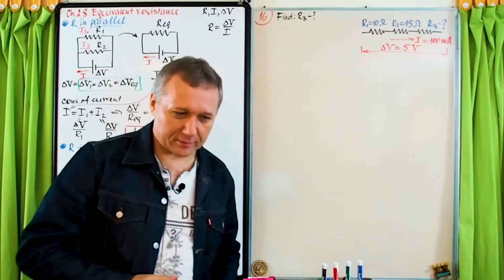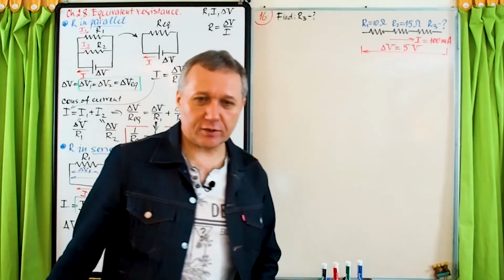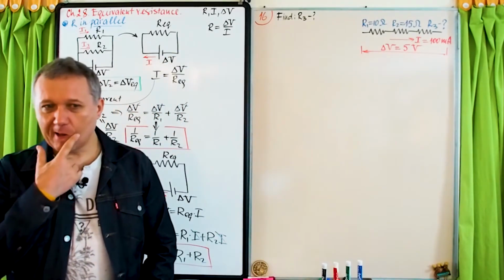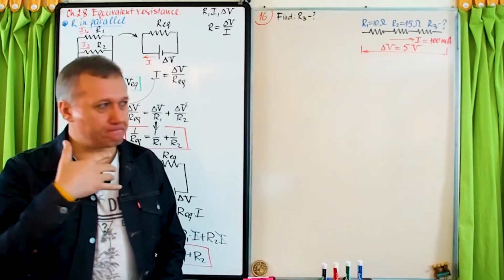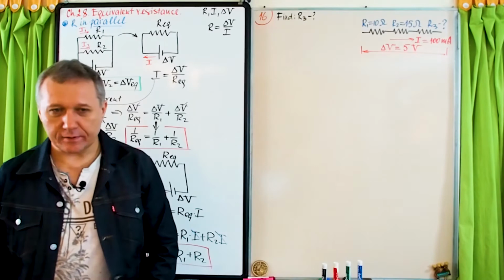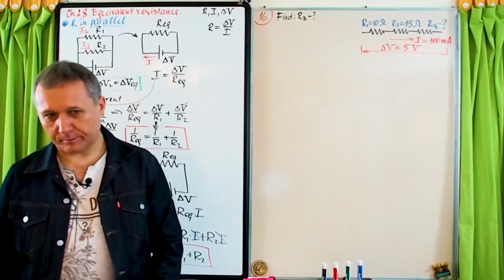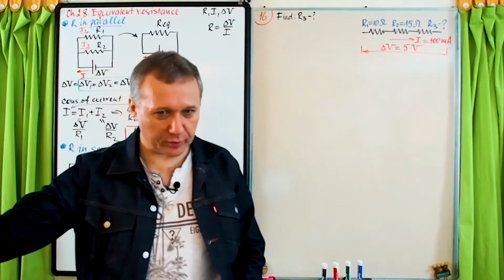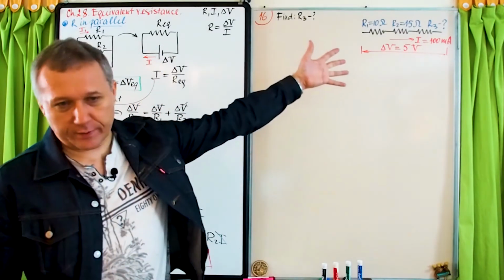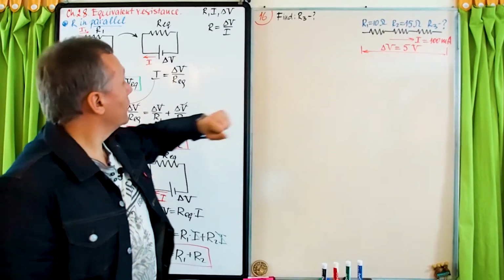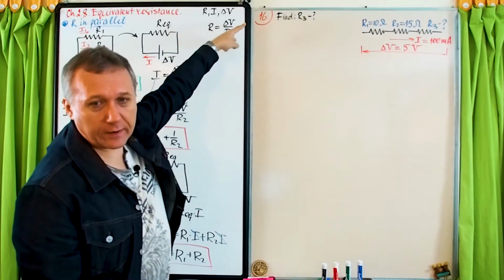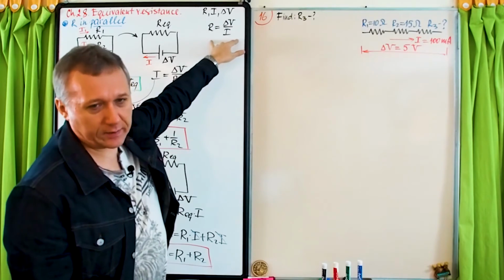I used to ask for suggestions, but then I decided to draw, or write, everything which is relevant to this problem, relevant from the physics point of view. We have a bunch of resistors, so every time we play with these 3 parameters, I, R, delta V, and the formula connecting them.